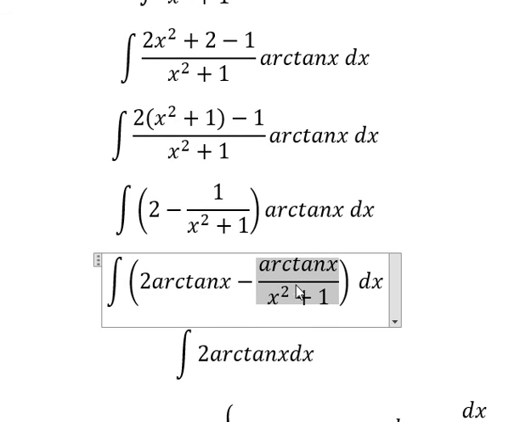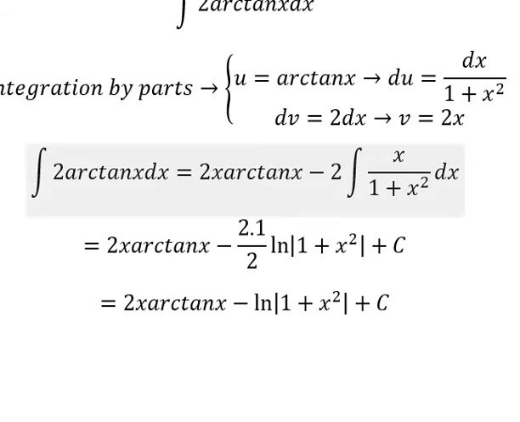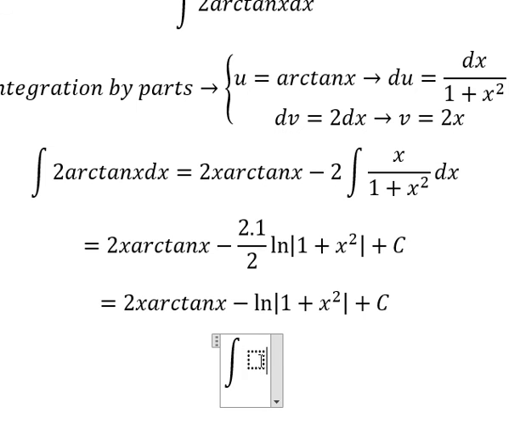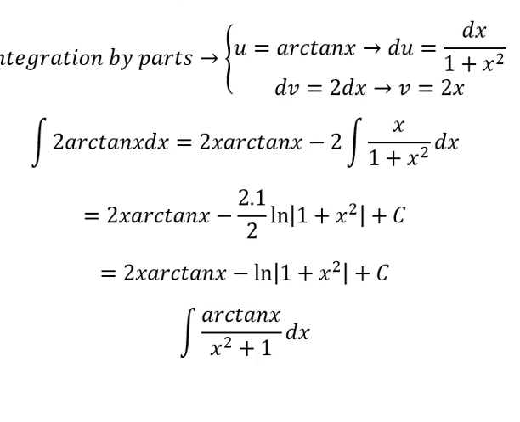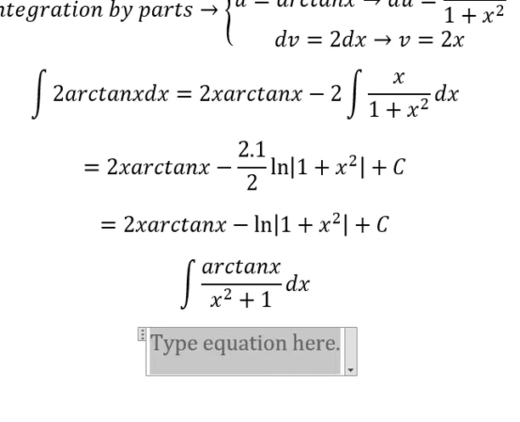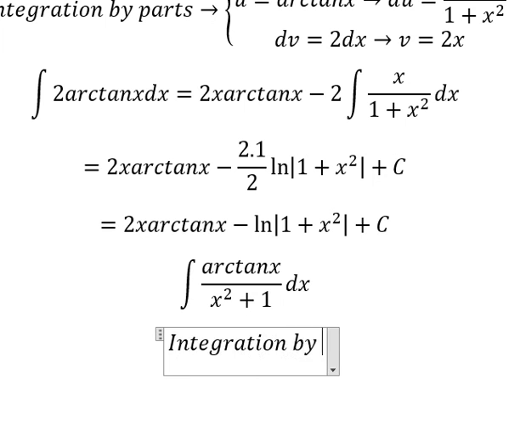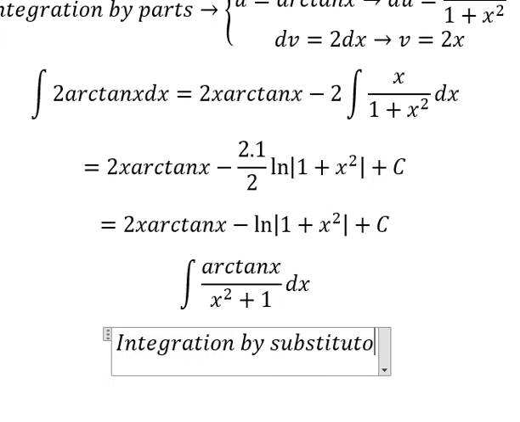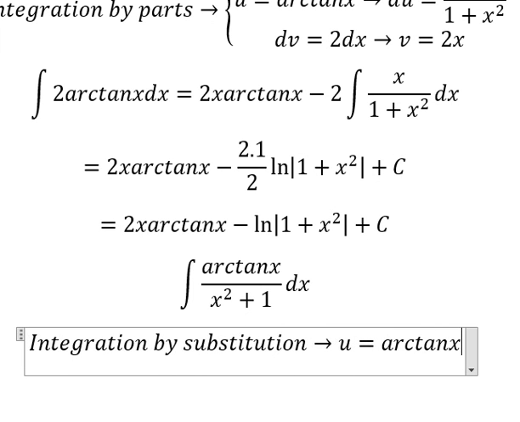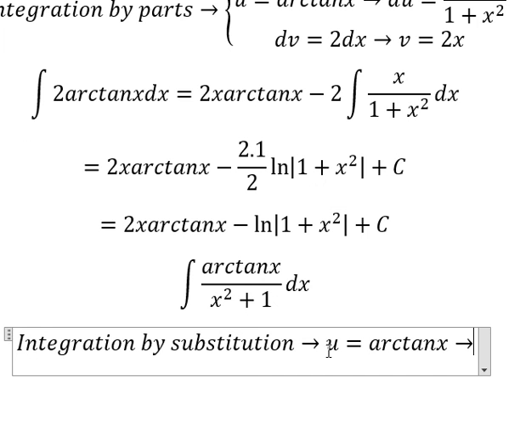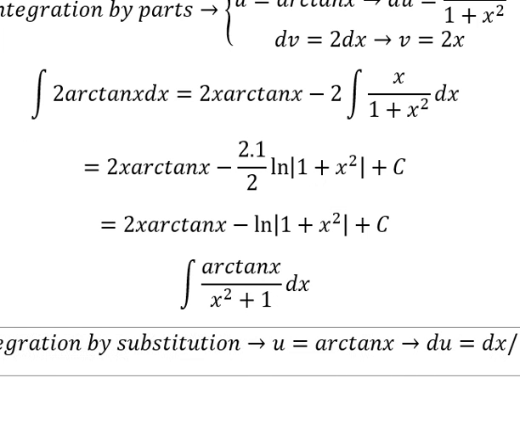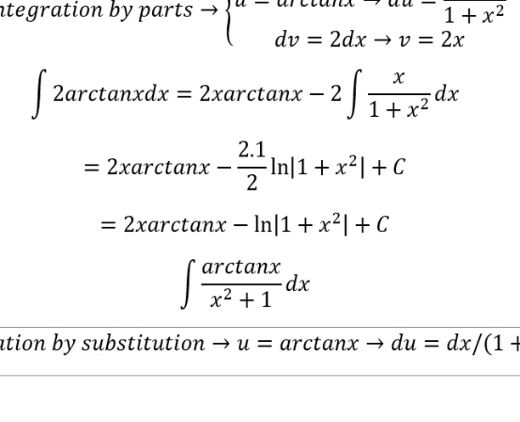Now we go to the last one. So we need to do integration by substitution. So we put u equal to arctan of s. Later that we do the first derivative for both sides, and you get ds over 1 plus s squared.